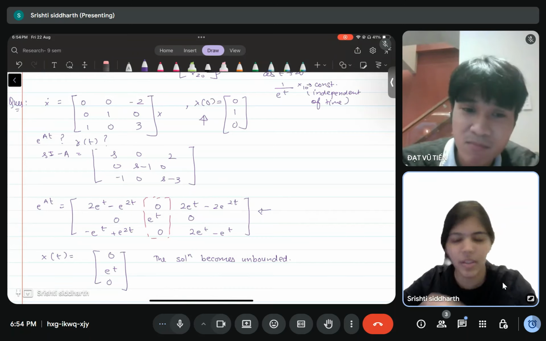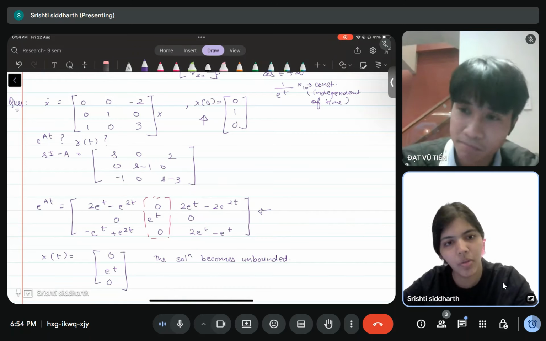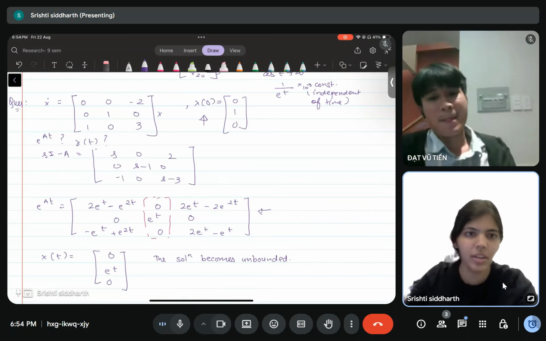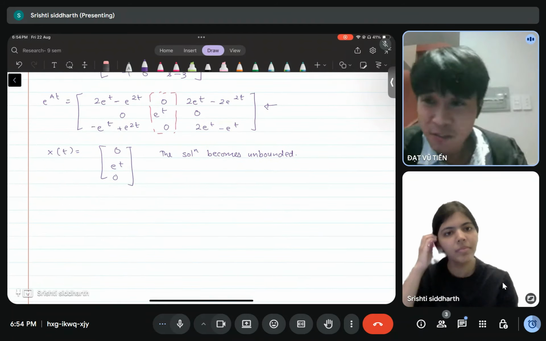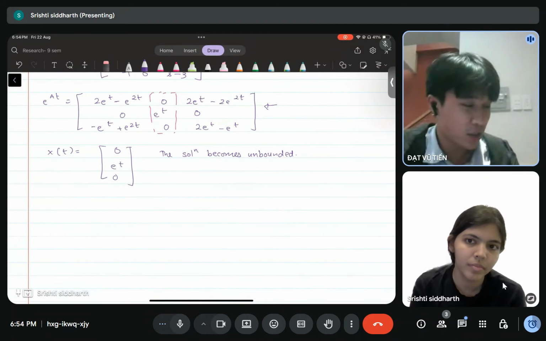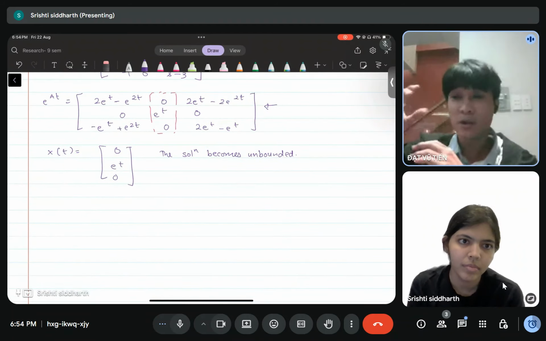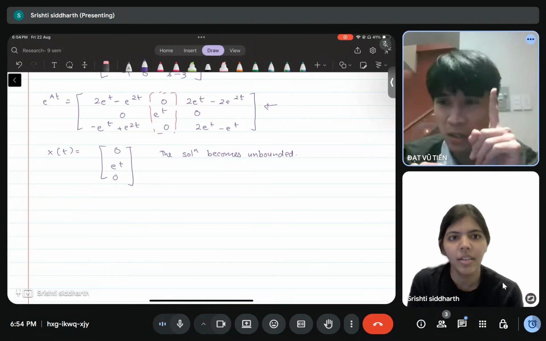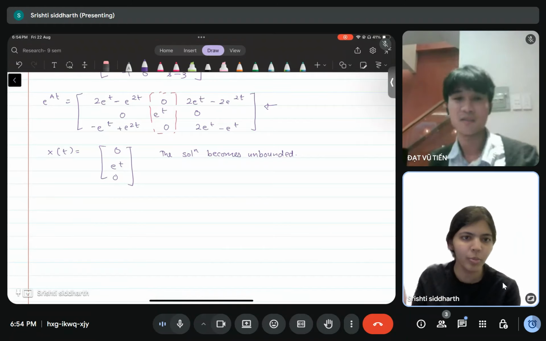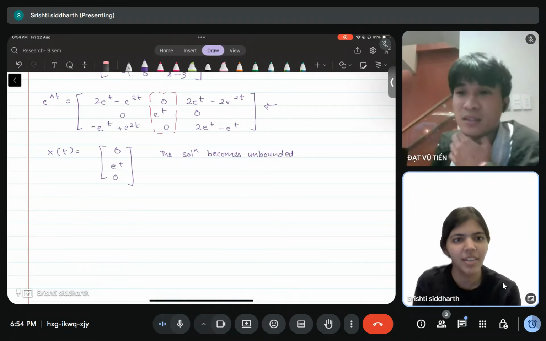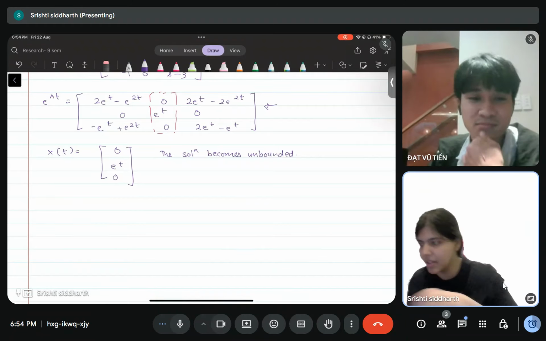Even if you have a simple system which you're working on, you cannot really find the state transition matrix. Yeah, if you have even a 4 by 4 matrix, it becomes difficult. It's really not good.